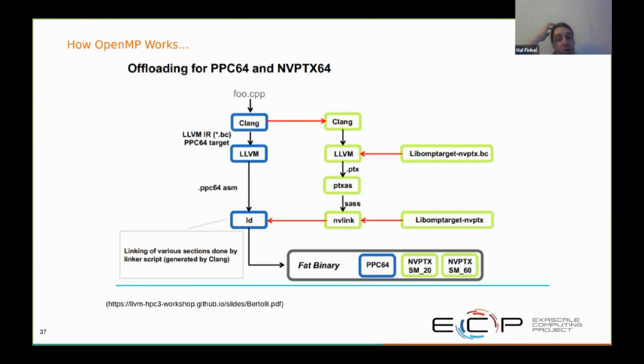Okay, so then the question is, how does this actually work? OpenMP, like CUDA and SYCL and other things, are single source programming models. So the OpenMP source file is actually processed by Clang multiple times: once for the host compilation, and then each time for targeting each target accelerator.